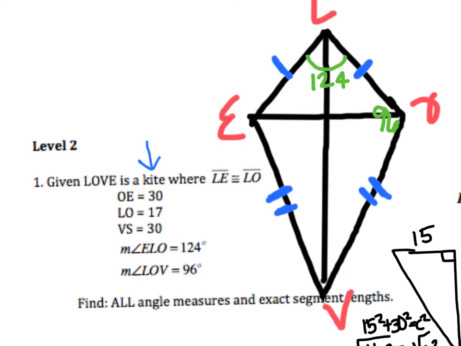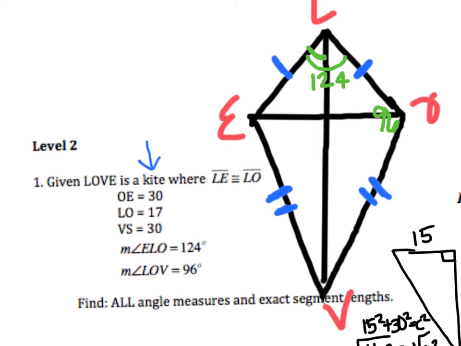Okay, so if you found that the diagonals bisect the non-congruent angles or something like that, you're correct. We said before that LV bisected EO, the segments, but then LV also bisects the angles that it intersects.